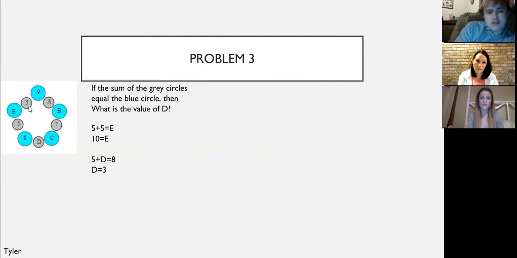So to determine D, it's a process. We see that 5 plus 5, that means E would equal 10, and then 5 plus D would equal 8. So if we do our algebraic equation correctly, we see that D would equal 3, and as we find one circle, we soon are able to find the next through algebraic steps.